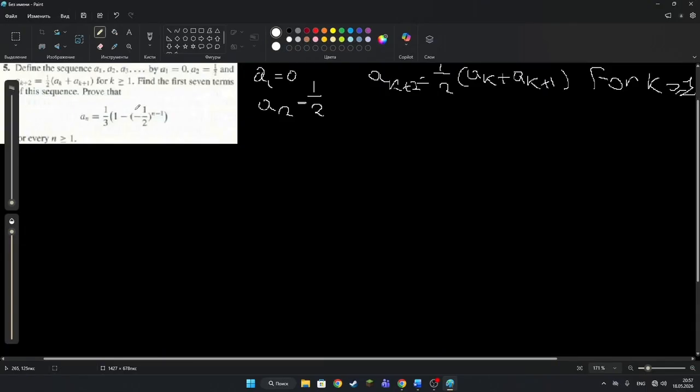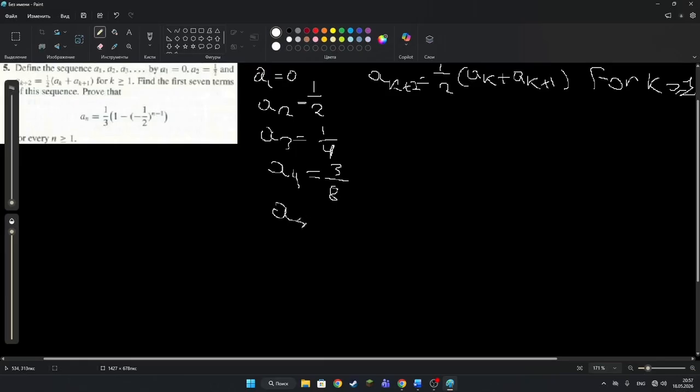The arithmetic mean. So then we can find a3. a3 is equal to 1 divided by 4. Then we can find a4, and a4 is 3 divided by 8.